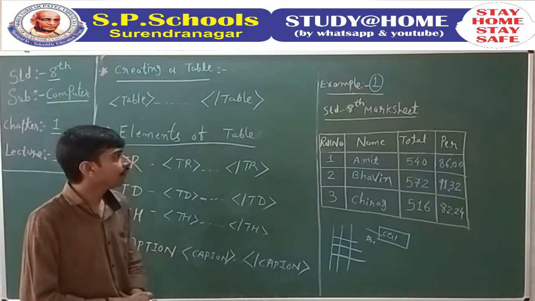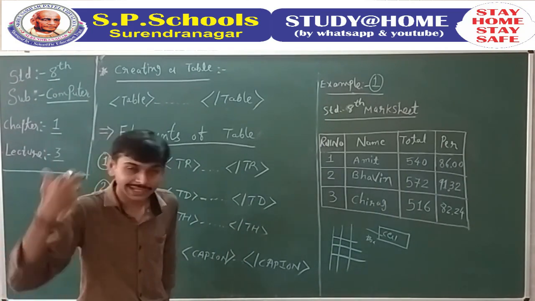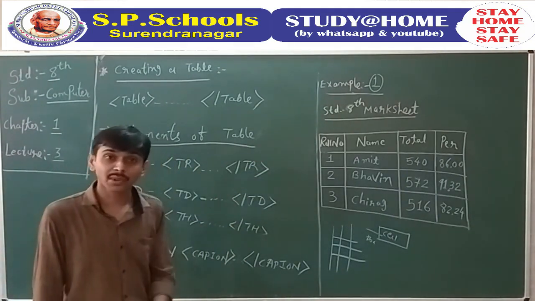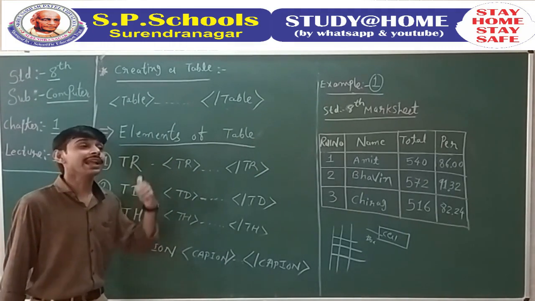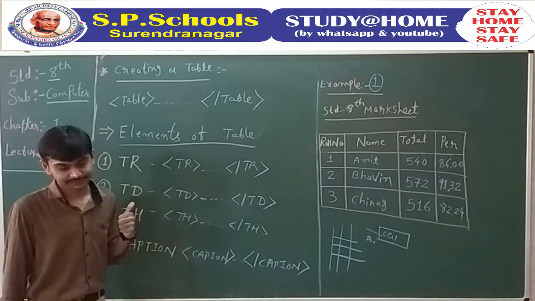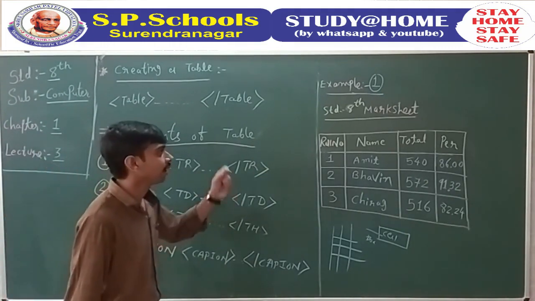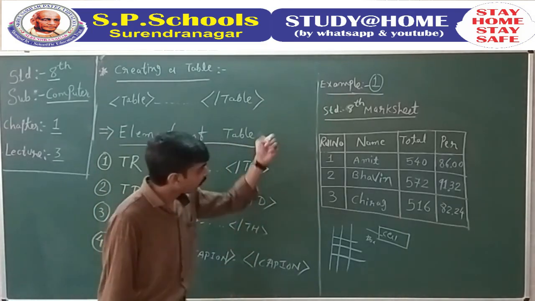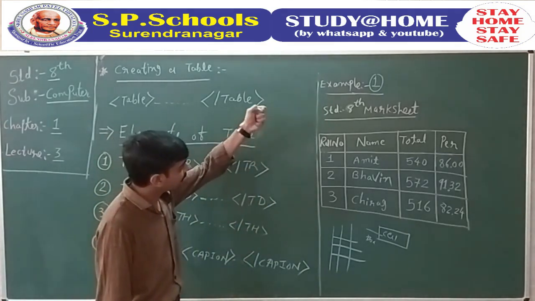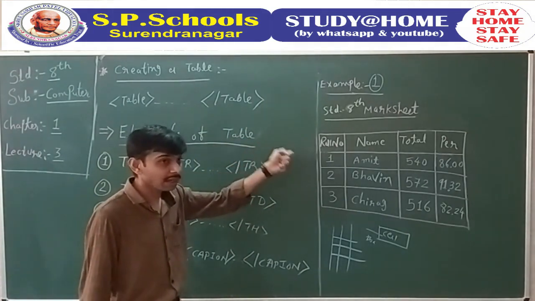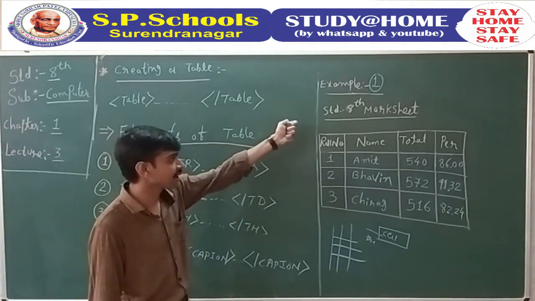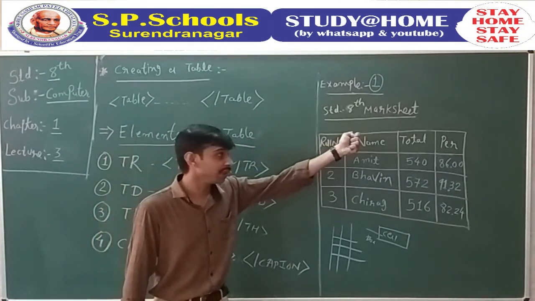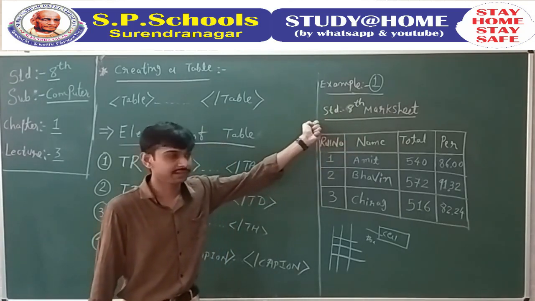Now we will discuss and learn an example of these HTML table elements. Most important thing, the first example of our lesson 1, our practical example, our meaningful example. In the first example, we are going to create a mark sheet of standard 8.